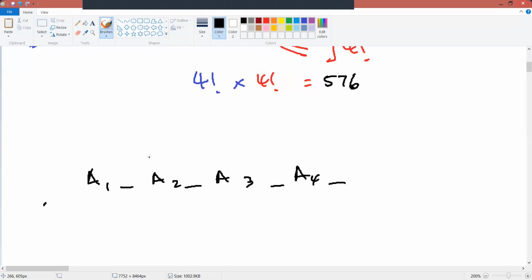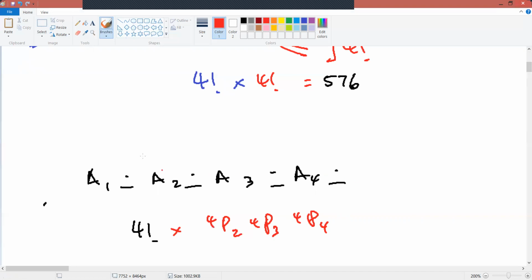We fix that the geography books are going to be allocated to each of the vacant empty spaces here. So we do 4 factorial for the arrangement of A. And how about the arrangements of the G? Usually you use 4P2 or 4P3. But in this case, we are going to use 4P4.